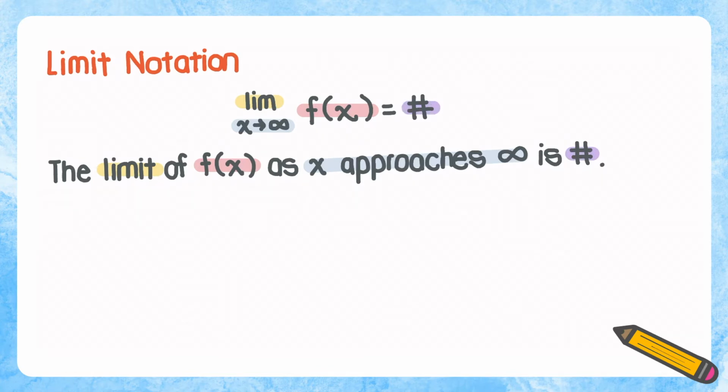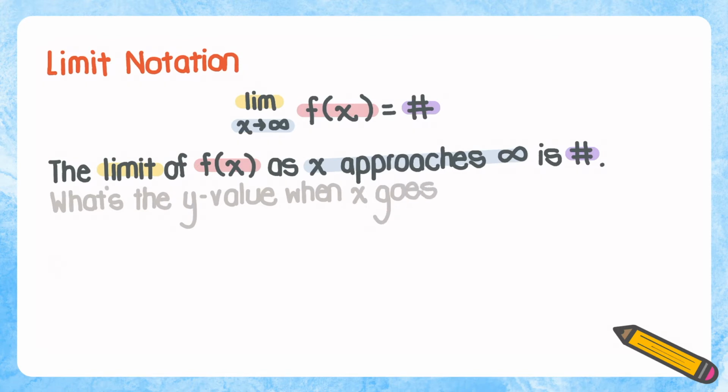So try reading this out loud to familiarize yourself. The limit of f of x as x approaches infinity is some kind of number. And a simpler way of saying this would be like, what's the y value as x approaches a certain direction? So in this case, what's the y value as x goes towards positive infinity?